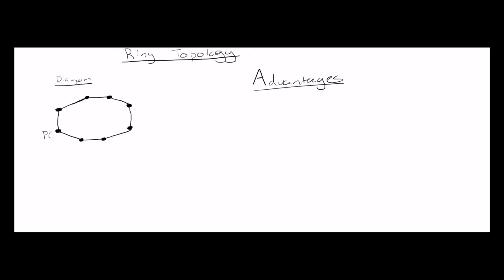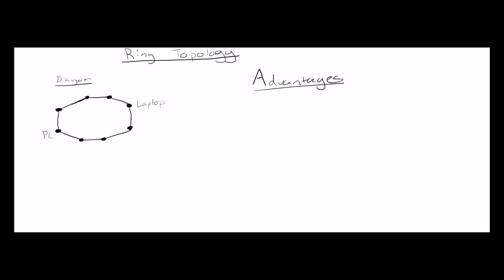So this forms a ring, and as information travels around, if this PC wanted to send some information to a laptop over here, it would need to communicate with every other node.